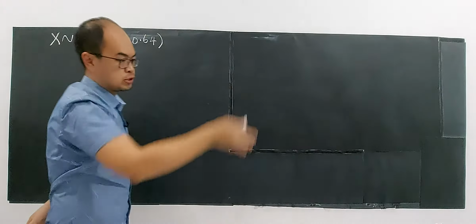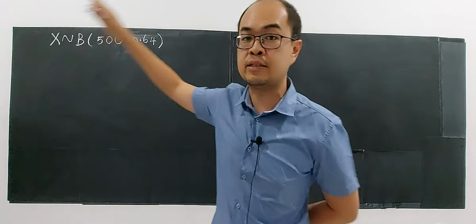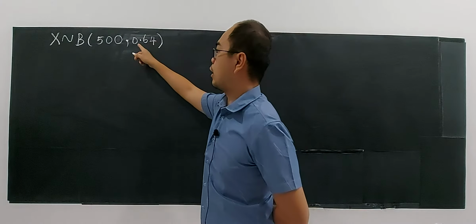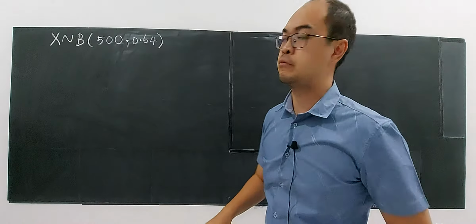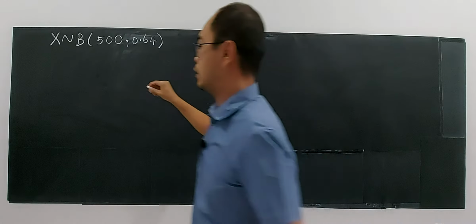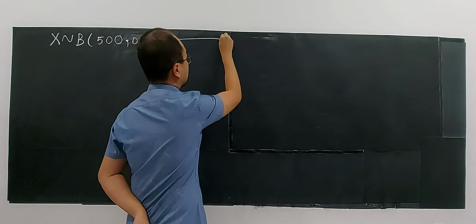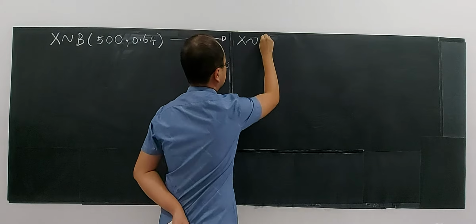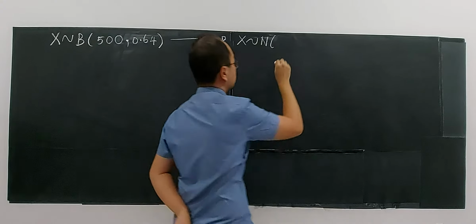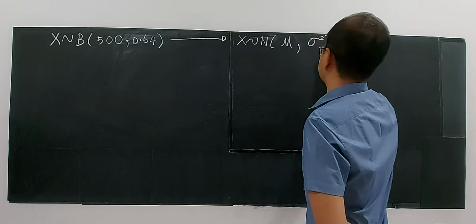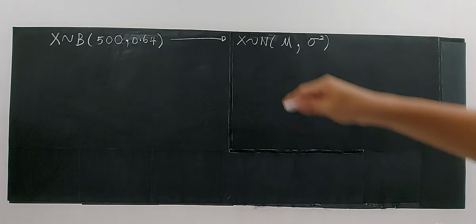A binomial distribution can approximate to another discrete distribution, but that one we never learn here. Now I'm going to use normal approximation, because there is a condition. If you want to transform this into a normal distribution, it must have a mean and it must have a variance.